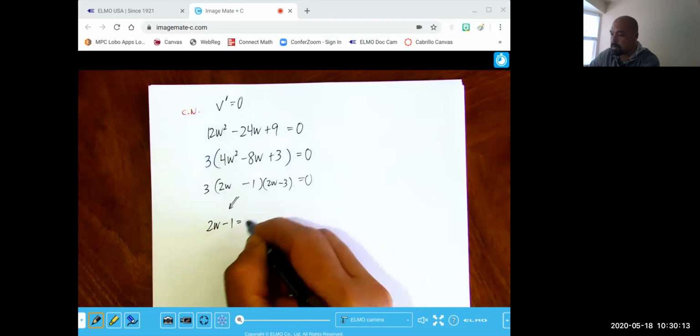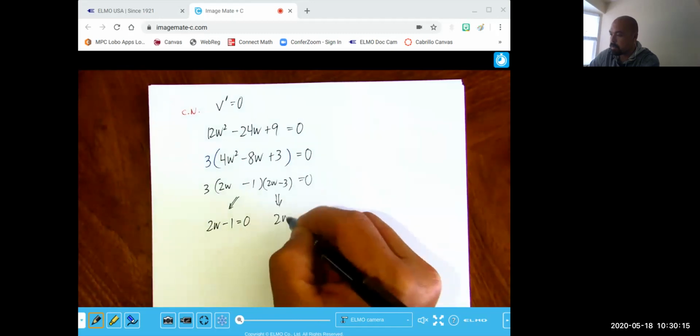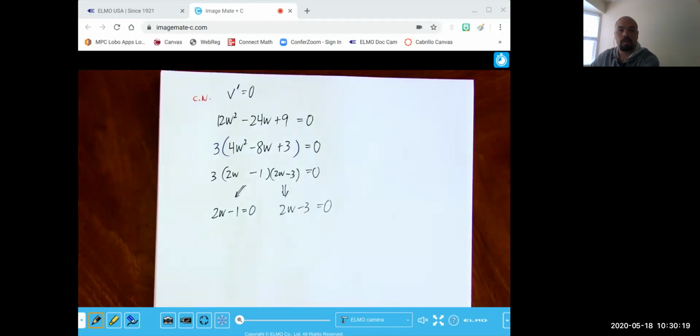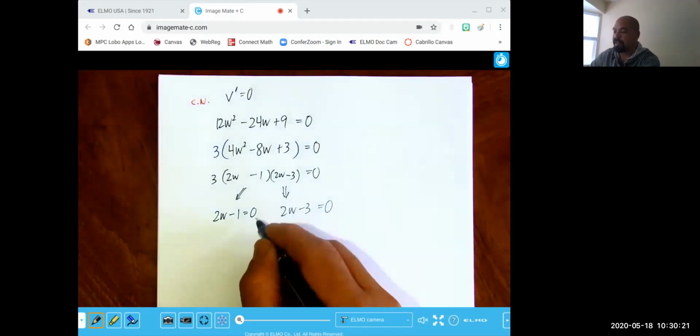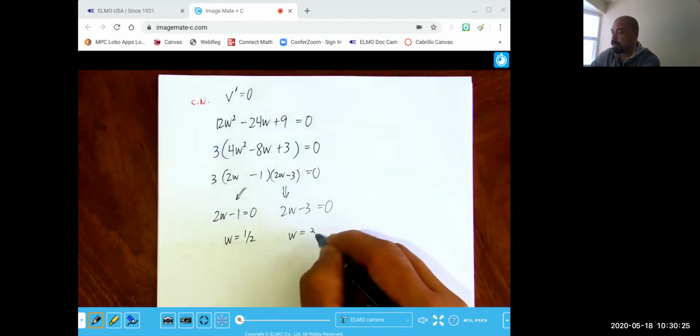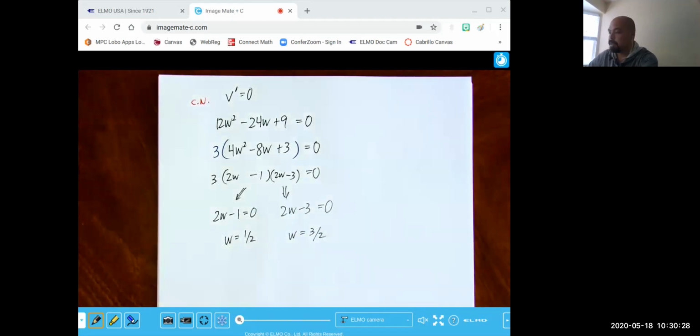We need to play together. Remember our deal? Play together. Solving here, adding the 1, dividing by 2, w equals 1/2. One more time here, w equals 3/2. So now we have these two options where max or min can occur.